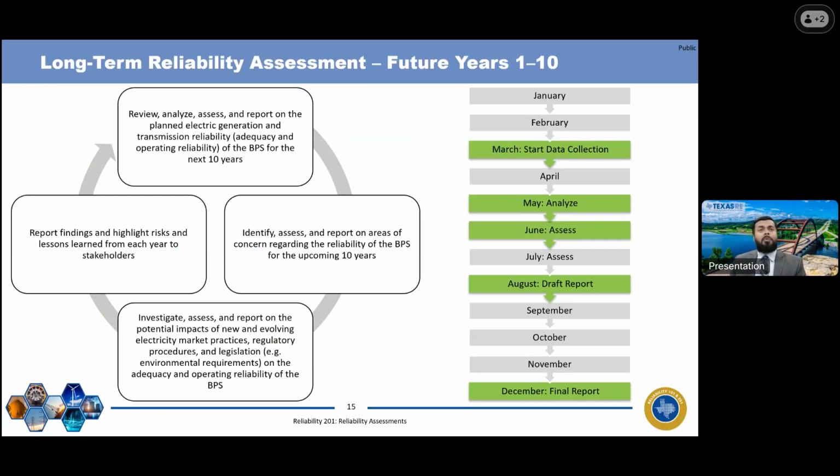Now, during the preparation of our analysis, dashboards, and the overall report, we work with ERCOT and the regions to help with the review and feedback. We report on the findings. We highlight risks and lessons learned in our presentations to various stakeholders. One thing to note here is that the long-term reliability assessment timeline and process steps are changing.